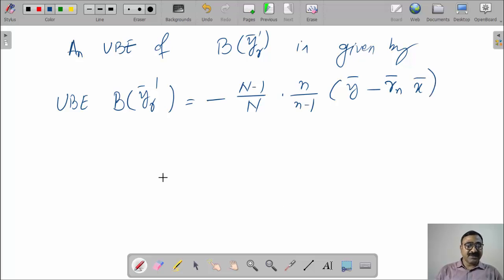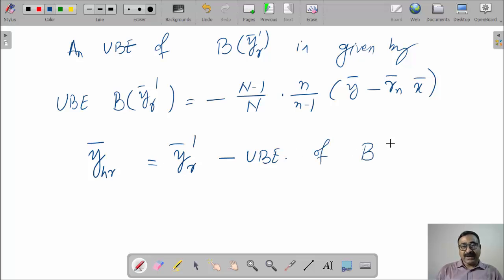Now the Hartley-Ross estimator of the population mean is given by y bar Hartley-Ross, that is equal to y R bar dash minus the unbiased estimator of bias of y R bar dash.